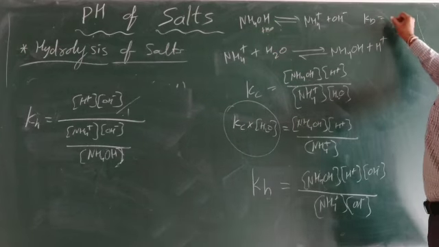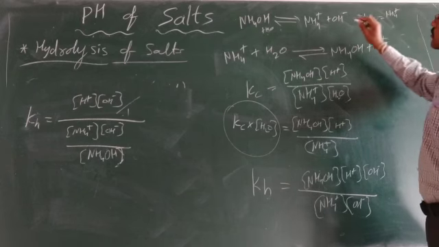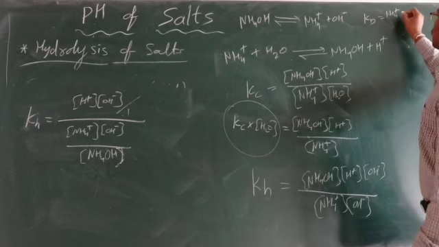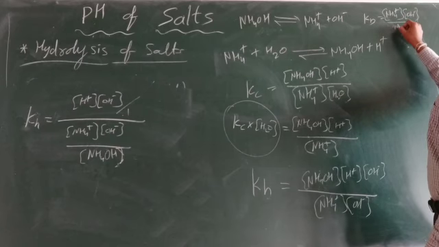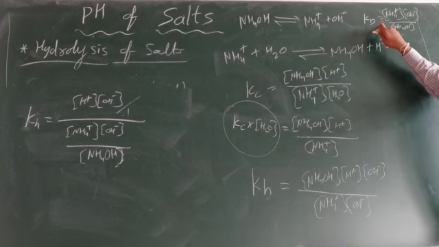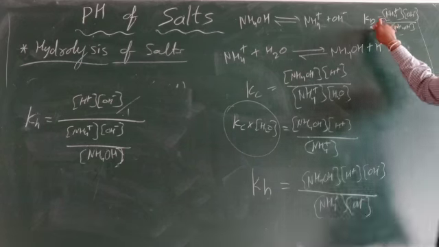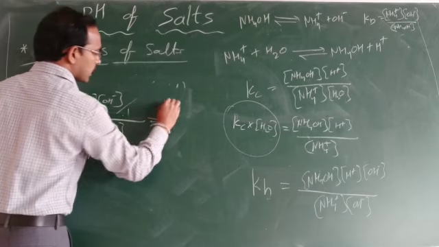Kb equal what can I write here? NH4 plus into OH minus upon NH4OH. Kb equal base dissociation constant. Right. See, H plus into OH minus, so I can write Kw.